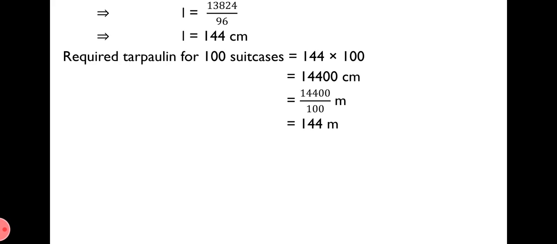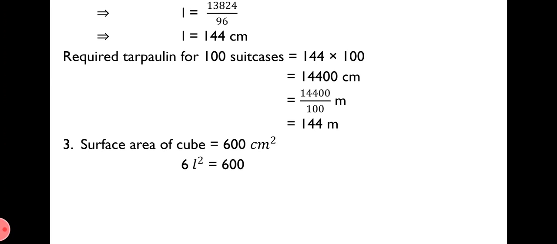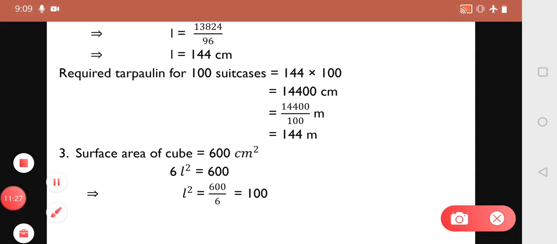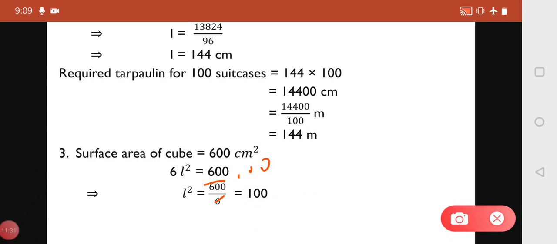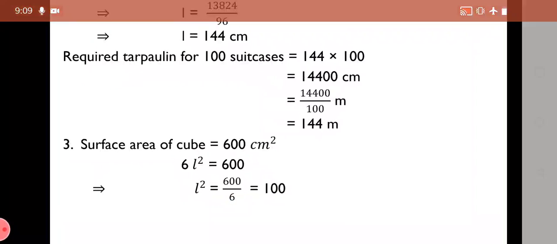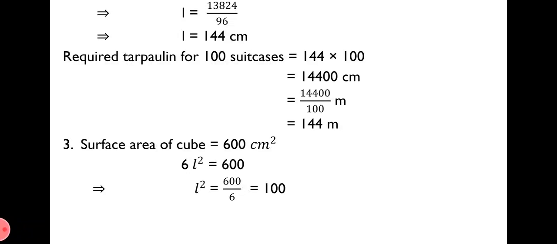So let's solve. Surface area of cube equal to 600 centimeter square is given. Now surface area of cube is 6L square, that is equal to 600. That implies that L square equal to 600 upon 6, that is equal to 100. Here you can cut 6 ones are 6 and 6 hundreds are 600, so we will get 100. Yes. So L square equal to 100 implies that L equal to under root 100.